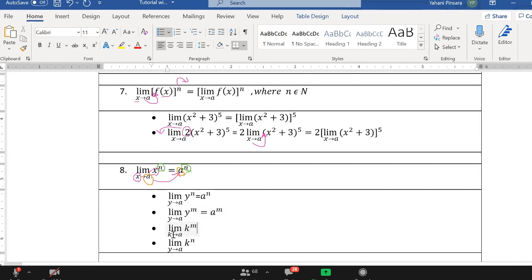Then here k is there and you have to find the power, so you can apply the rule, and k is approaching a, so the answer should be the mth power of the approaching value, a to the power m.